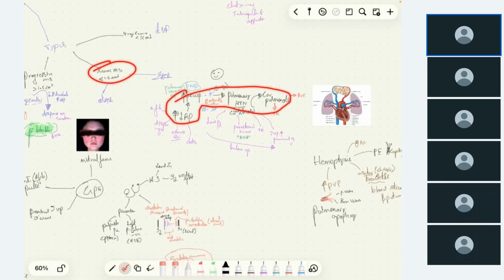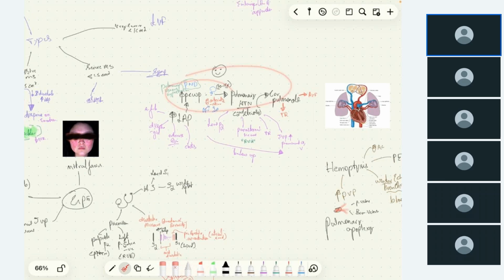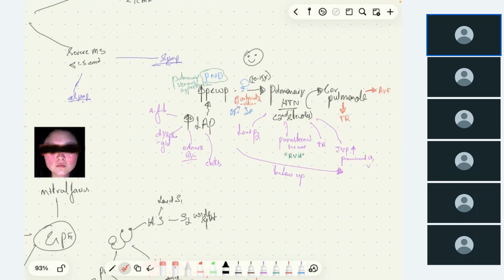What are the clinical manifestations due to this? The clinical manifestations due to these pathophysiological changes are due to increased left atrial pressure. There will be stretching of the left atrium leading to atrial fibrillation. The patient may have dysphagia due to the enlarged left atrium compressing upon the esophagus, which runs on the posterior part of the left atrium.